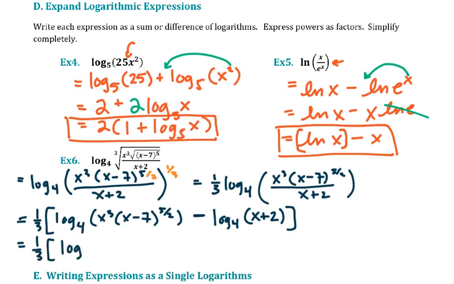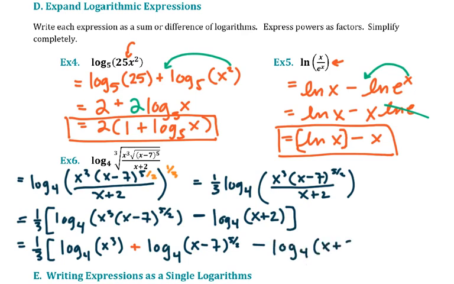This becomes log base 4 of x cubed plus log base 4 of x minus 7 to the 5/2 power. And then that minus log base 4 of x plus 2 is still there.